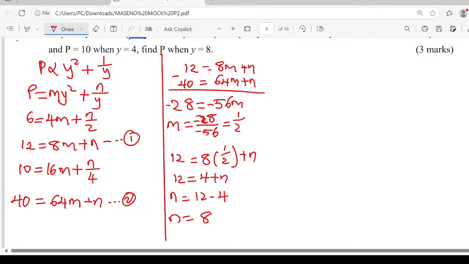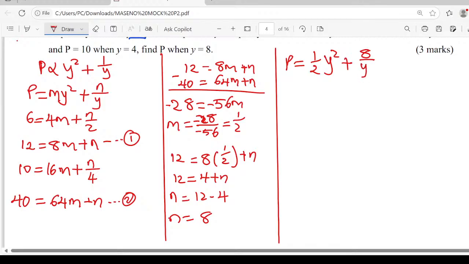So if I found the values for my constants, that is m and n, I'll now go ahead and write the equation connecting p and y. So the equation connecting p and y is p will be given by m, which is now a half, times y squared, so a half y squared, plus n, which is now 8 over y.